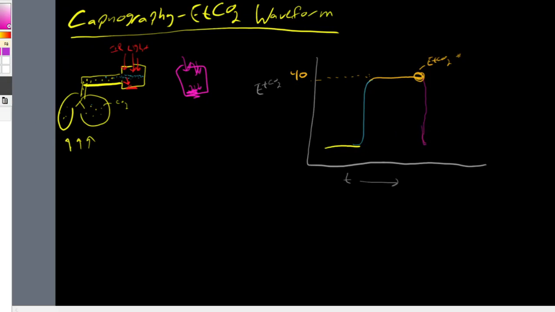So we can identify 4 parts to our capnogram. 1, which is the beginning of expiration. 2, which is mid-exhalation, or as our carbon dioxide passes into this sensor. 3, right over here, end expiration.